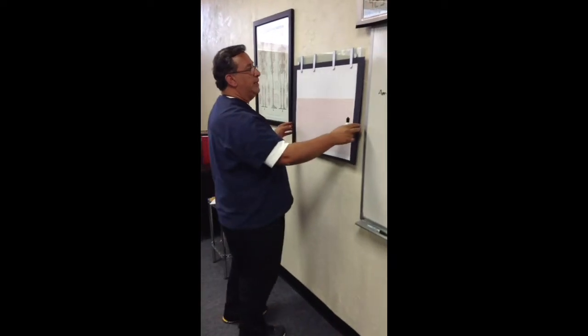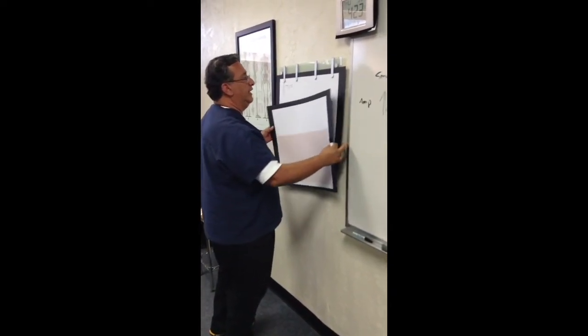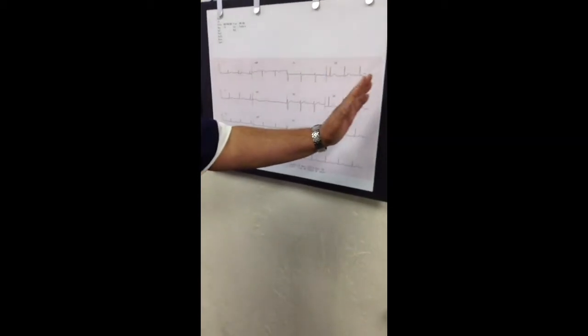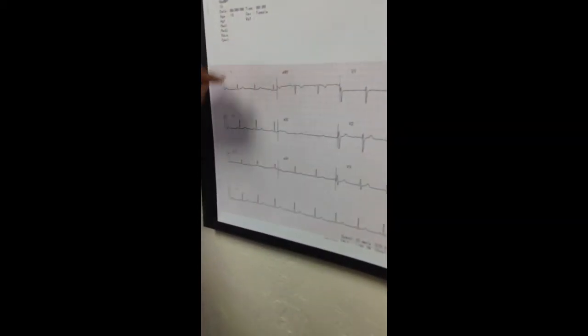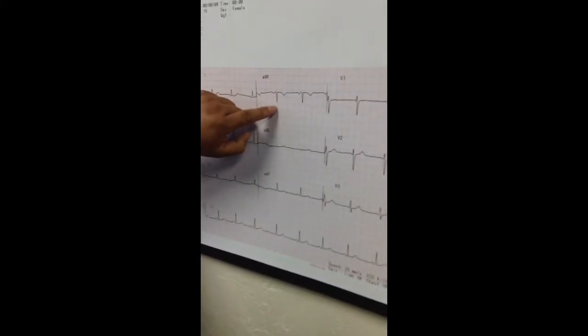When you're running an EKG, you're going to notice that the EKG tracing traces across. That represents time. But you can see that there are upward deflections. You can see there's an upward deflection there, and sometimes there are downward deflections.